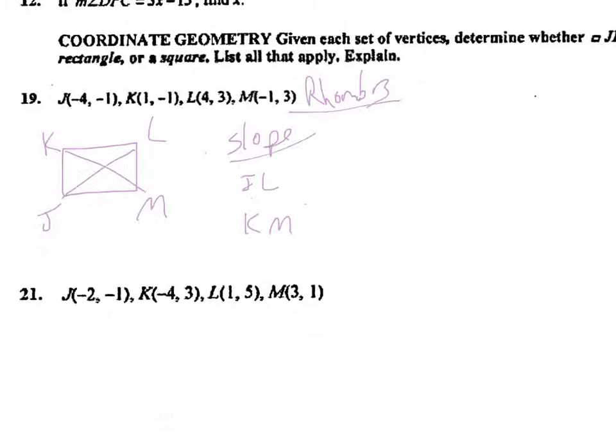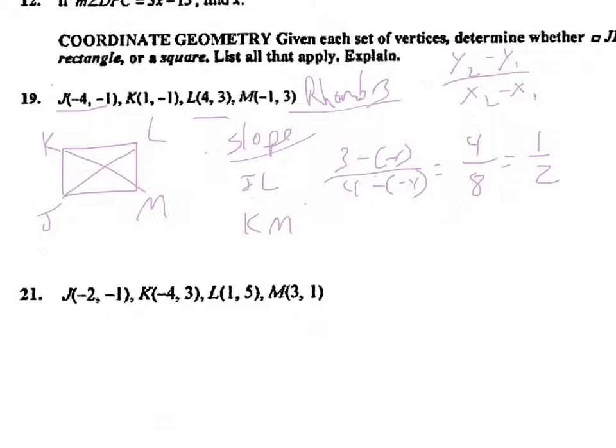So let's look at JL. You'll recall the slope formula is y2 minus y1 over x2 minus x1. So JL will say 3 minus negative 1 over 4 minus negative 4, which would become 4 over 8, 1/2.